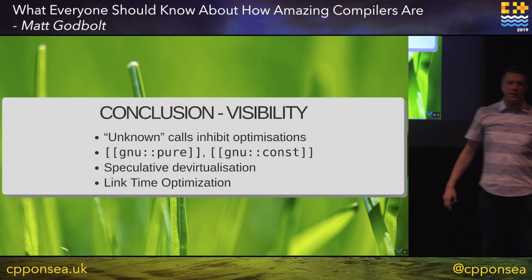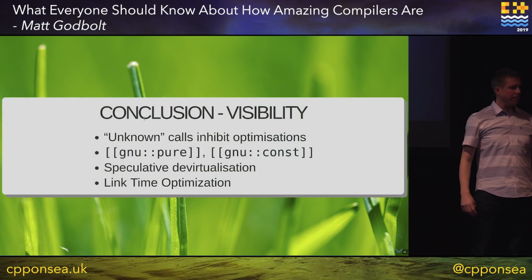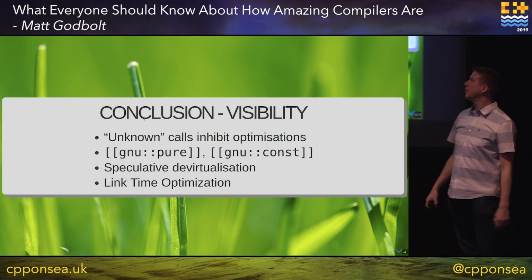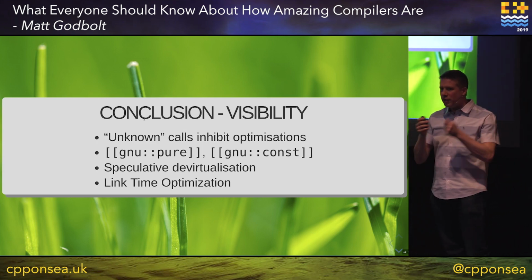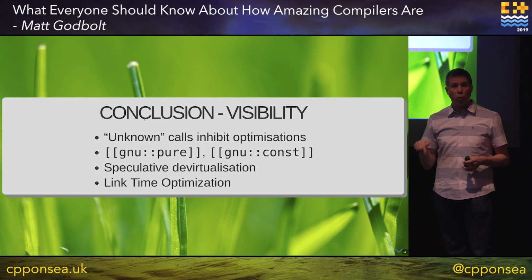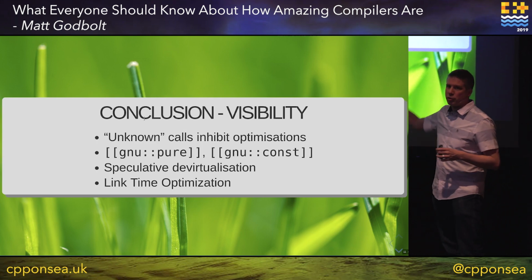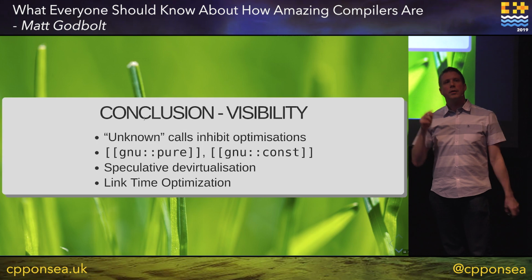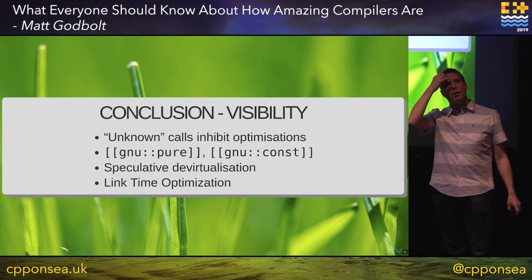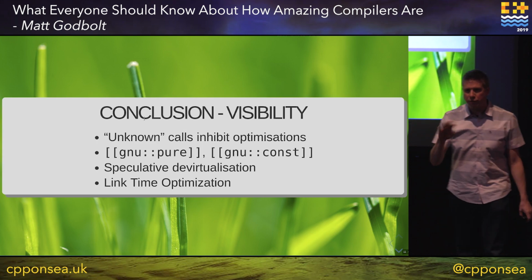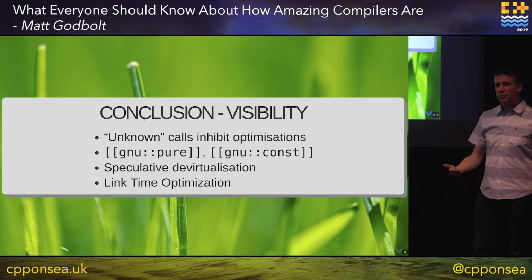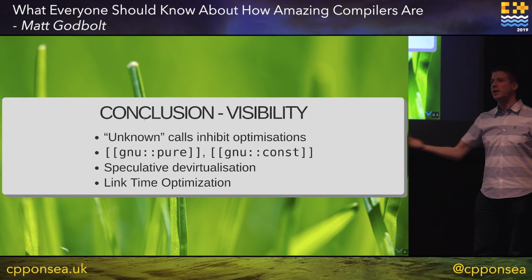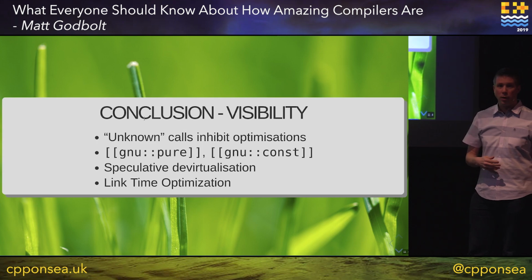For visibility, unknown calls inhibit some kinds of optimizations. You can use GNU pure and GNU const to give a little bit of a hint as to what's going on. There are also warning levels. If you're worried that this is hurting you, on GCC there's a warning flag, I can't remember which. If you search the documentation, there's a way of saying, hey, I spotted a function that's declared in a header file, and I noticed that it's pure.